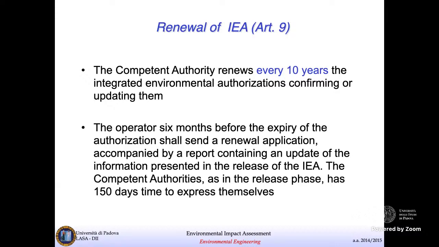The operator, 6 months before the expiry of the authorization, shall send a renewal application with a report containing an update of information presented at the release of the authorization. The competent authority, as in the release phase, has 5 months to express itself.